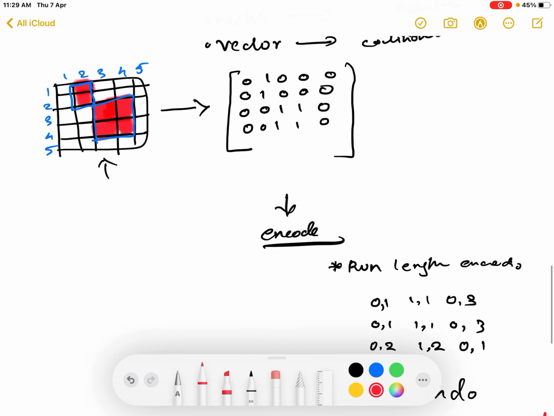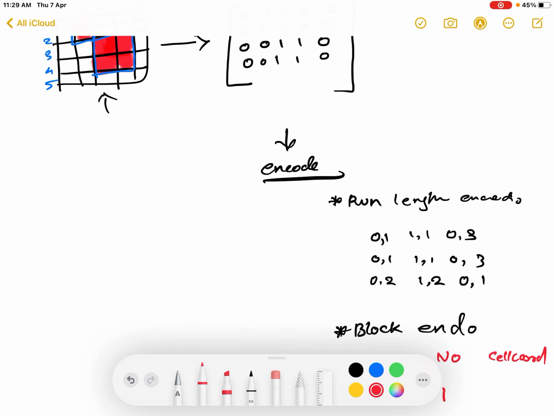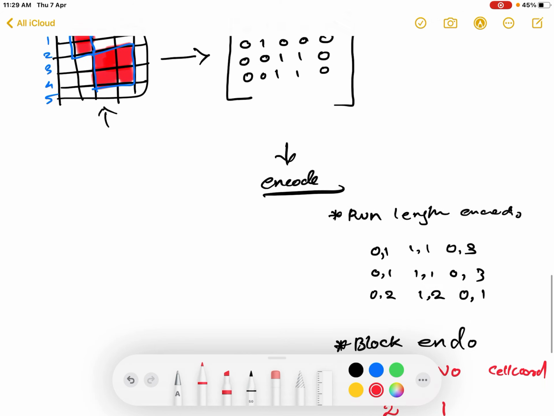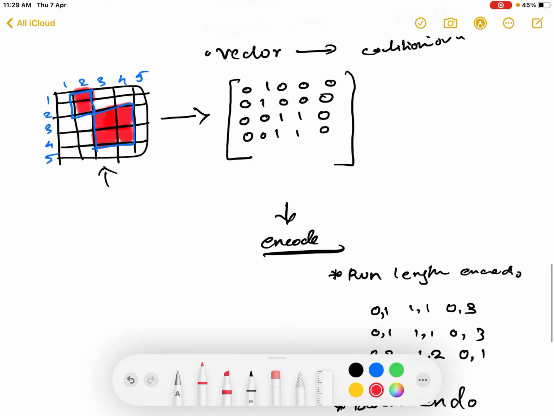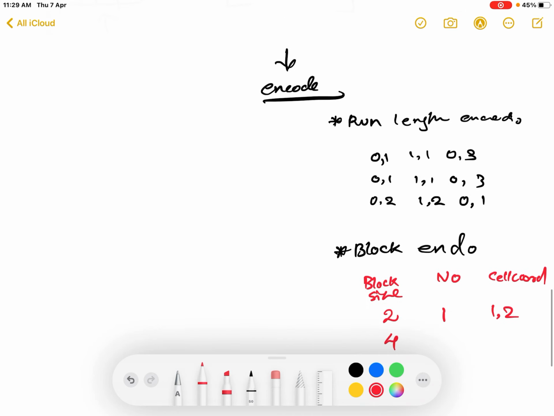Then how many such blocks are present? Only one block is present. And then we will show the cell coordinates. We will show only one coordinate, that is 1 2.